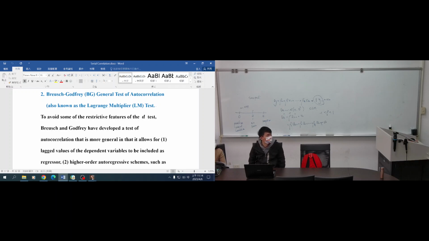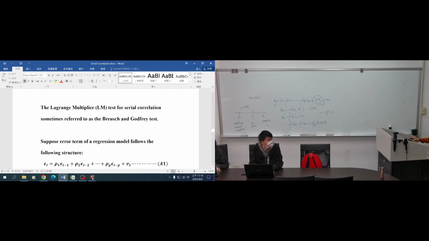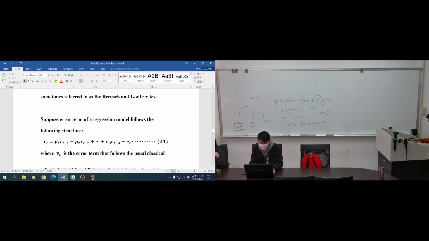Since the Durbin-Watson test is limited to first-order serial correlation, this one can be extended to p periods.